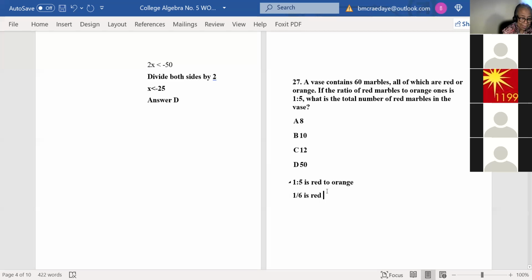That's your answer. Multiply 1/6 times 60, which equals 10. Answer B.